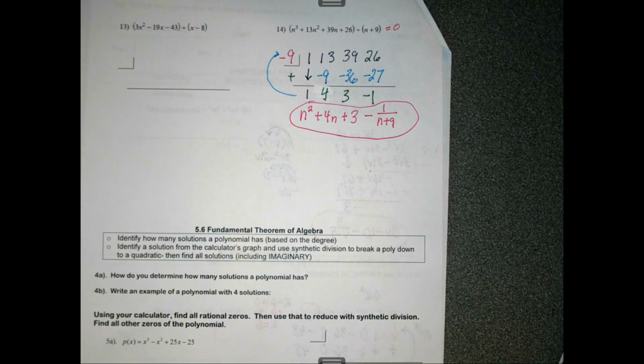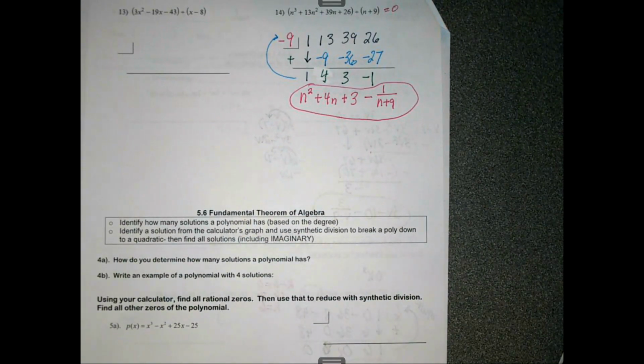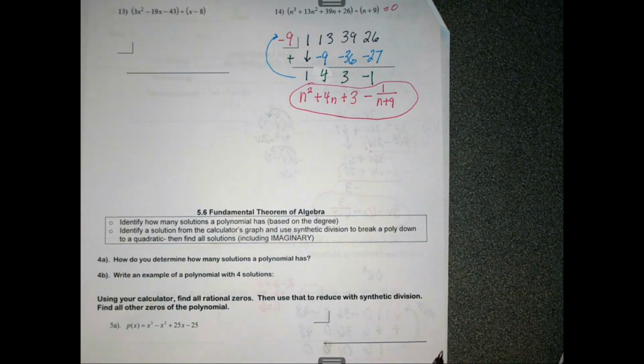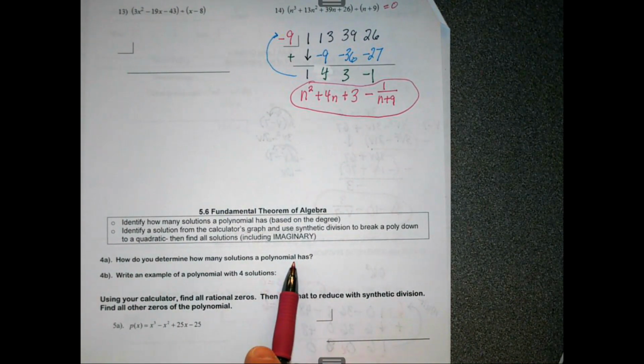All right. FTA, Fundamental Theorem of Algebra. Now, I always thought this was fun until we started analyzing graphs. I thought it was much, much funner. I think it's the funnest, to tell you the truth. How do you determine how many solutions a polynomial has?